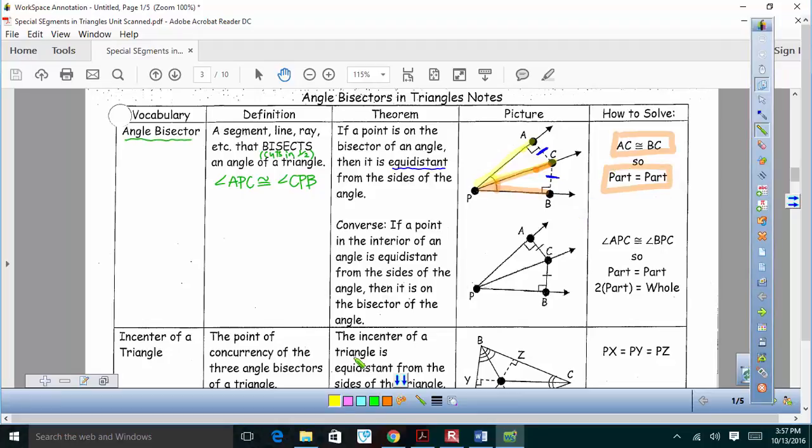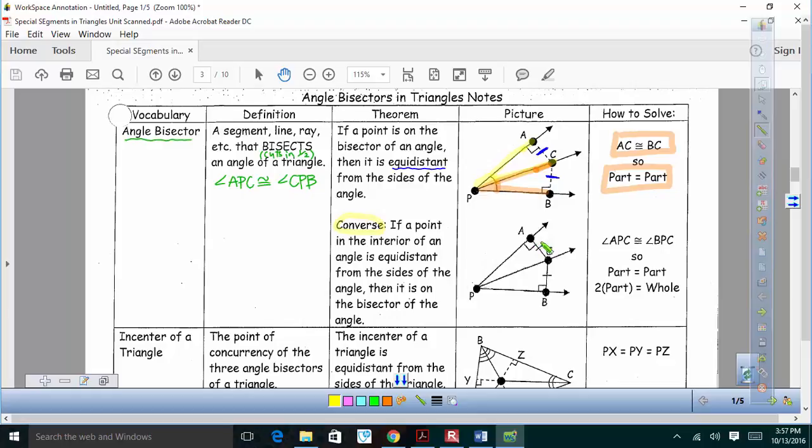Now, the converse tells me that if a point in the interior of an angle is equidistant from the sides, so right here, if a point in the interior, C, is equal distance from both A and B, then it's an angle bisector.